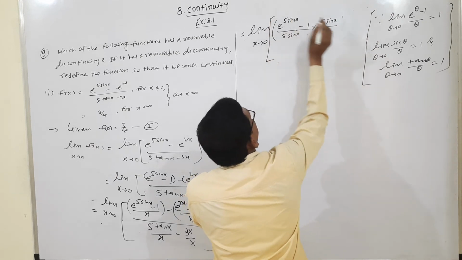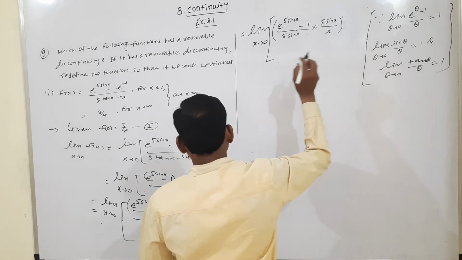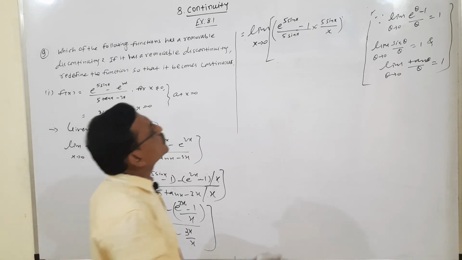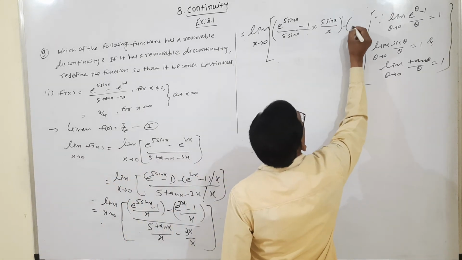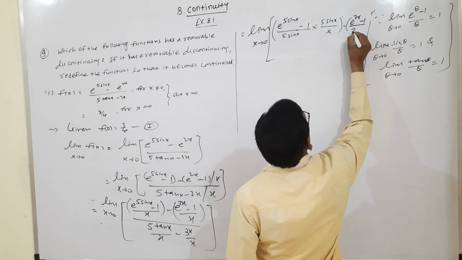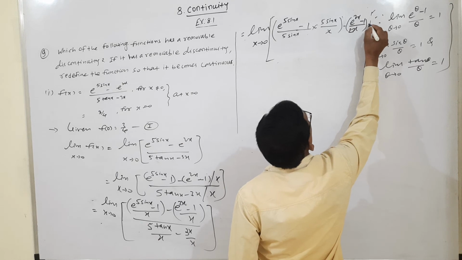Now the second term. The second term is here, minus. We adjust here 2 also: minus e raised to x minus 1 divided by x, we multiply and divide by 2 here.